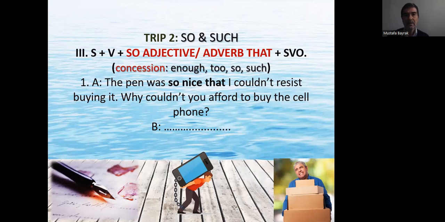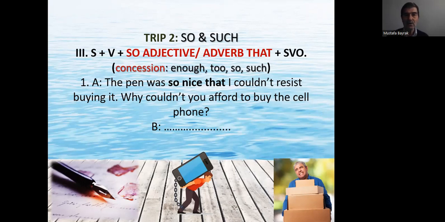It is so cheap that... For example, let's think about a bird. The bird is singing so beautifully that... So adjective that, so adverb that. And then, of course, a clause after it: subject, verb, object.